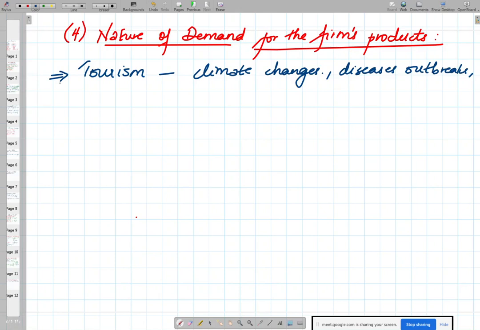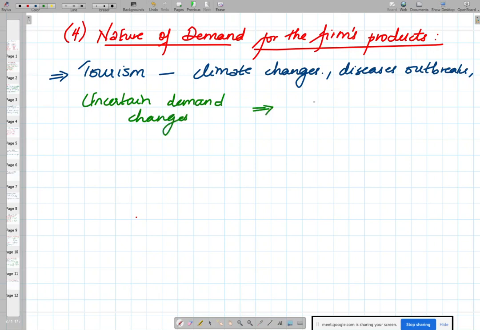So what happens is, such industries that face a lot of change in their demand have to maintain a very high cash balance in order to meet those uncertain demand changes. Things like tourism industries will have a lot of fluctuating, uncertain changes in demand.